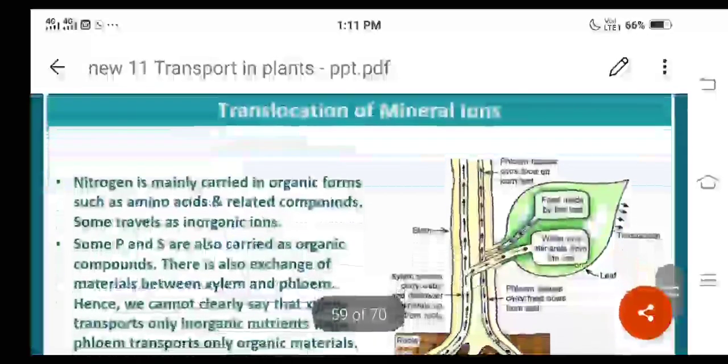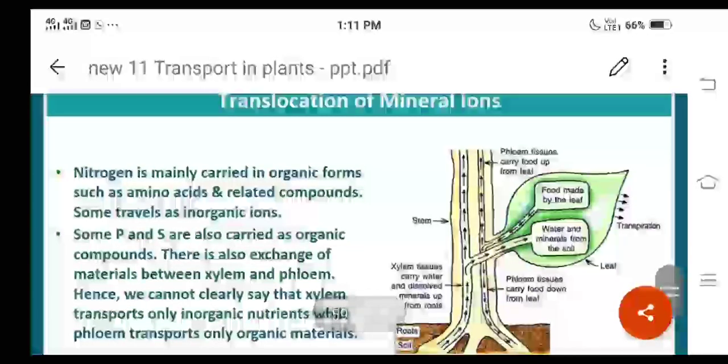And one more thing, we have studied that nitrogen is mainly carried in organic forms, such as amino acids and related compounds, right? Organic forms means, in what form will it move here?